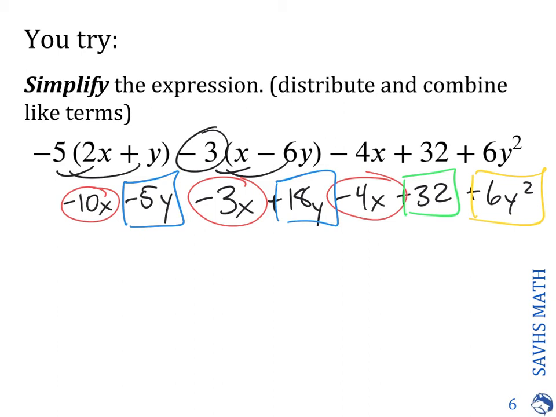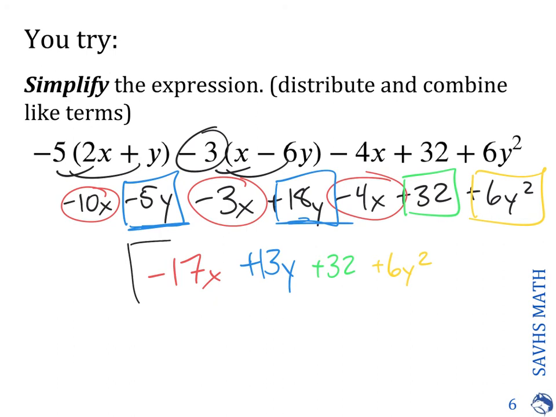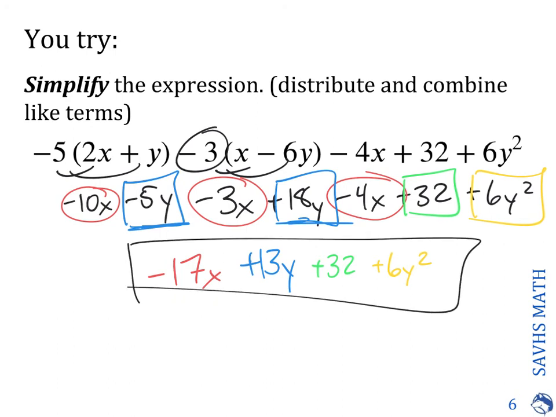Okay, so in the red circles, I have negative 10x minus 3x minus 4x. Altogether, I have negative 17x. I have negative 5y, I have 18y, I have 13y. I have a 32, and then I have a 6y squared. And that is it. That's all I can do there.